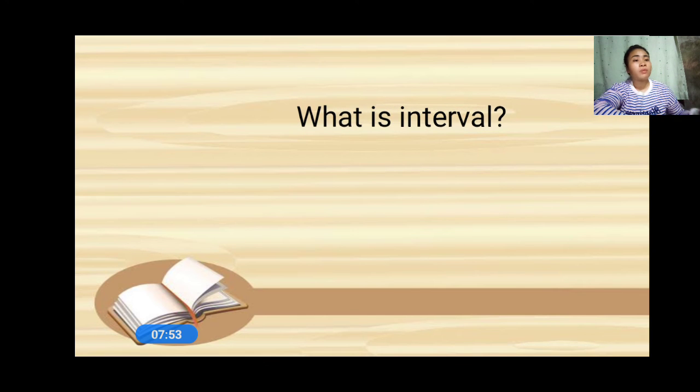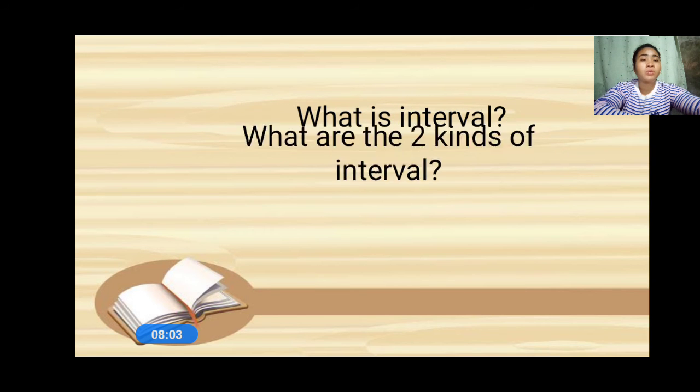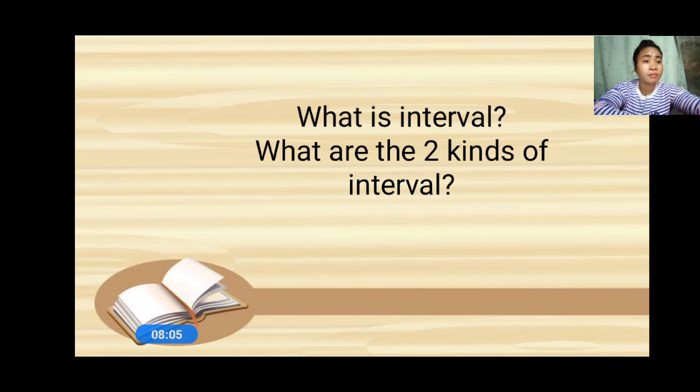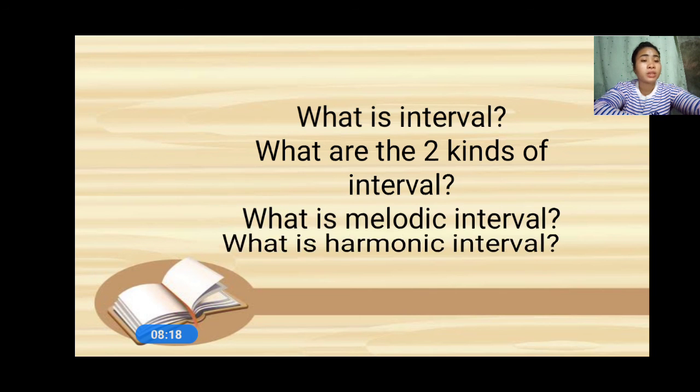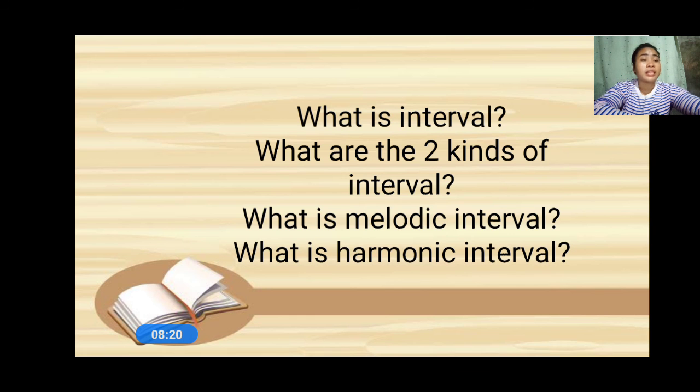So everyone, what is interval? Very good. Interval is the distance between two tones in a pitch. What are the two kinds of interval? Melodic interval and harmonic interval. Very good. What is melodic interval? It is sounded one after the other. What is harmonic interval? It is sounded simultaneously.